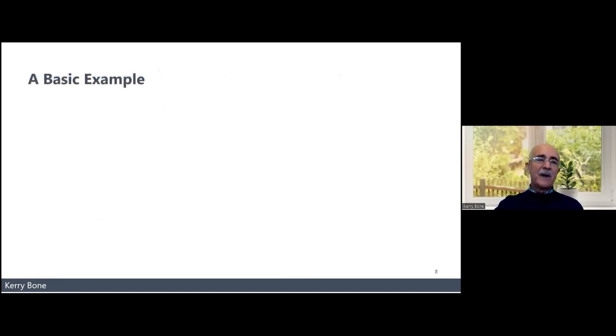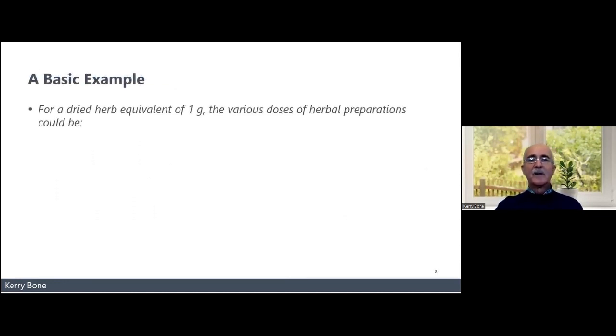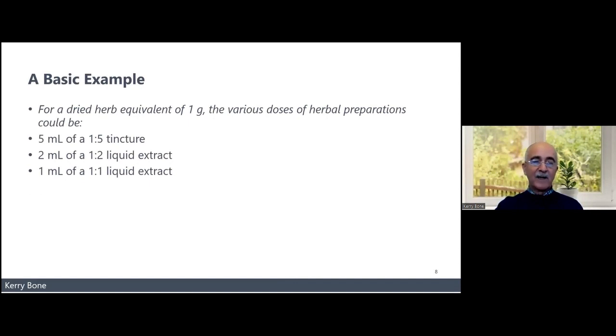So let me give you a basic example across all the different dosage forms. For a dried herb equivalent of 1 gram, the various doses of herbal preparations could be 5 ml of a 1 to 5 tincture, 2 ml of a 1 to 2 liquid extract, 1 ml of a 1 to 1 liquid extract. Now, these calculations all assume that the quality is preserved across these different dosage forms.